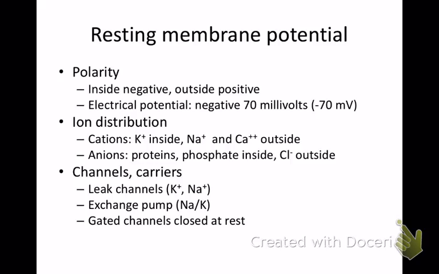Is everybody pretty clear on our set point, our resting potential? The abbreviation for this is RMP, resting membrane potential. And if I ask you the value of the resting membrane potential, you're going to tell me negative 70 millivolts.